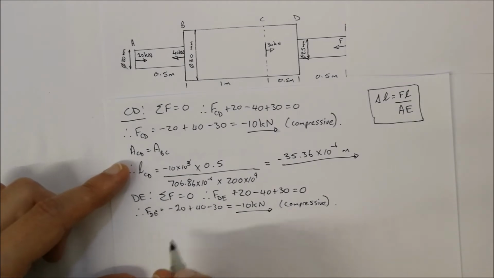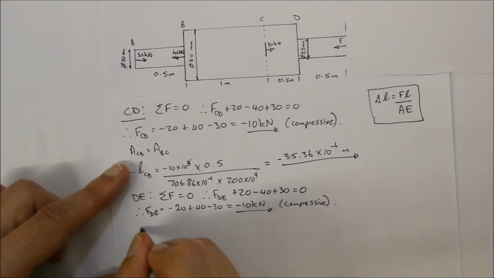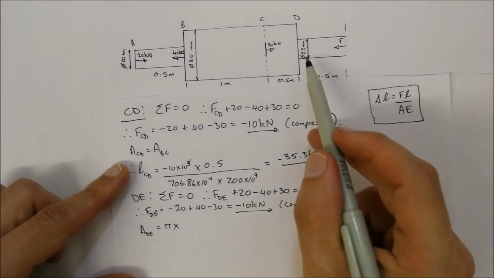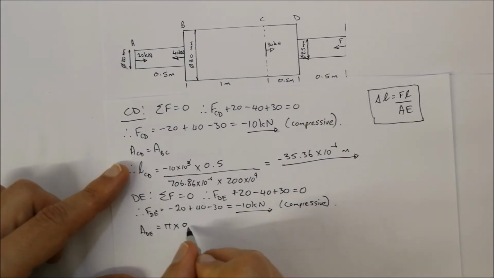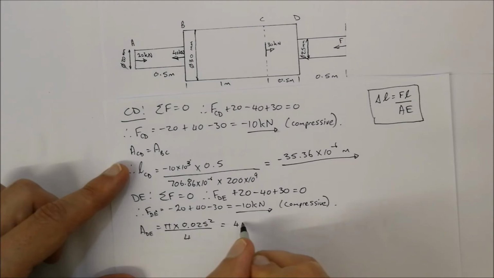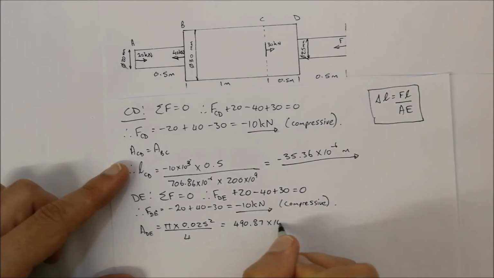Right, the cross-sectional area of DE. Again, pi d squared over 4, so that's pi multiplied by d. D is 25 millimeters, so that's 0.025 squared over 4. And that is equal to 490.87 times 10 to the minus 6 square meters.